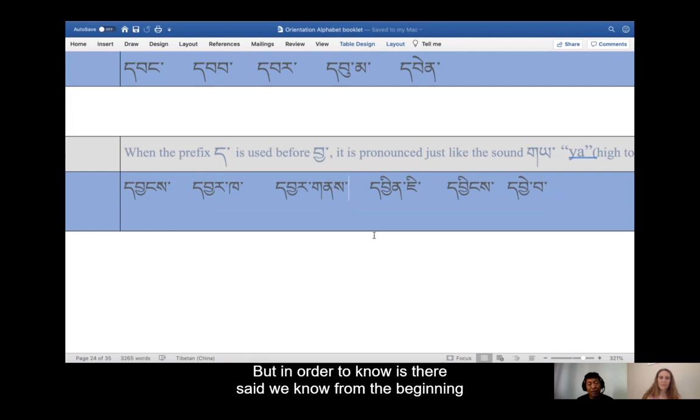But in order to know, we know from the beginning that every Tibetan letter has a gender: male, female, or neutral. Based on that gender, we know which letters can take the suffix sa and which cannot. That's the reason.